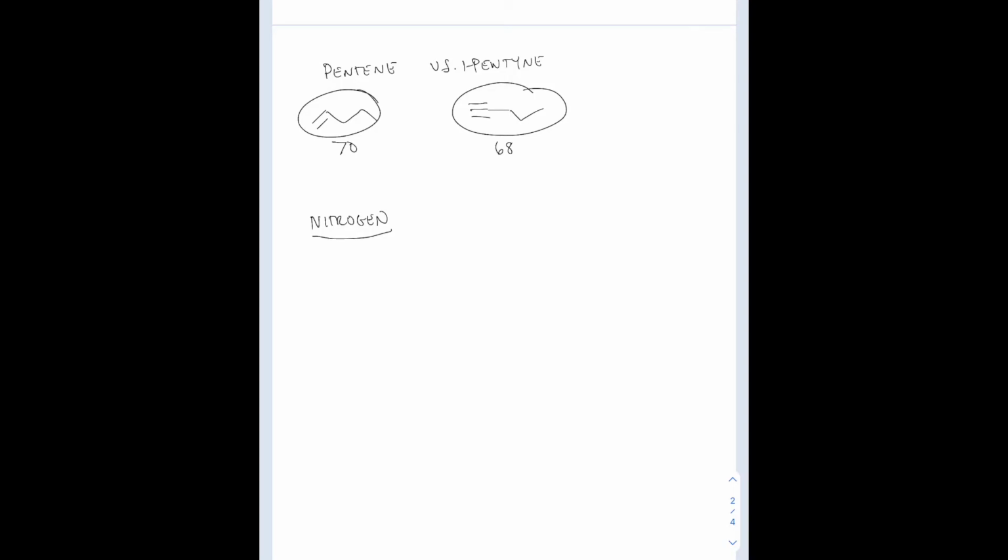Basically the telltale sign of the presence of a nitrogen is that the organic molecule has an odd mass. Okay, and this is the key right here, the odd mass.